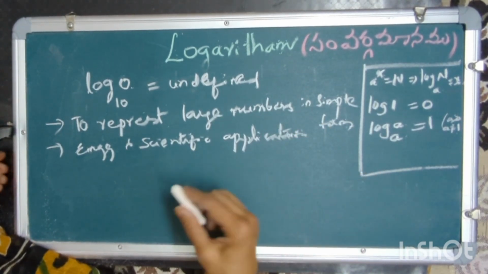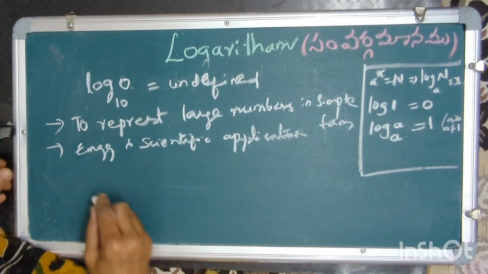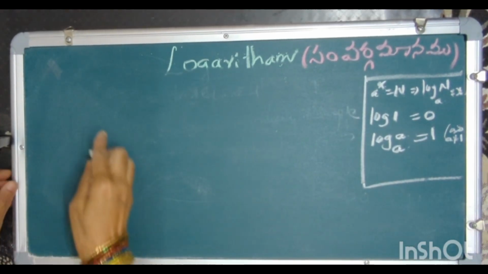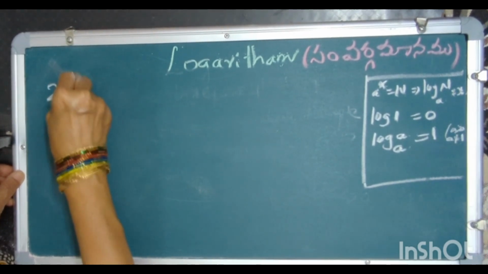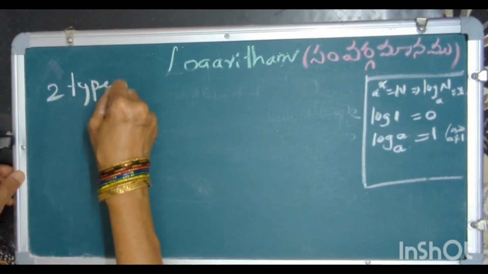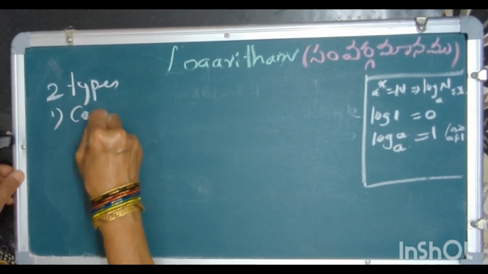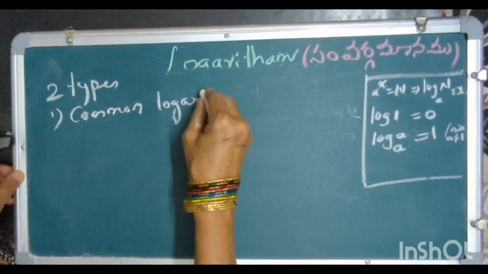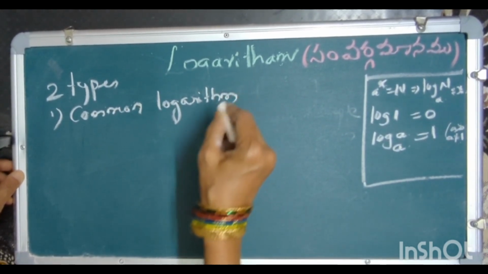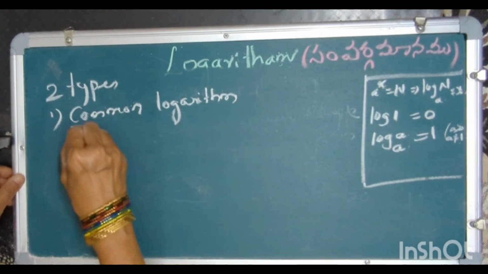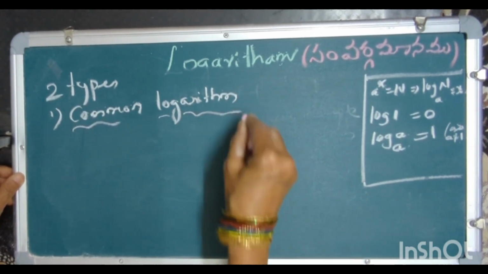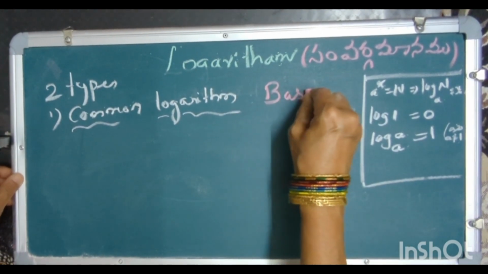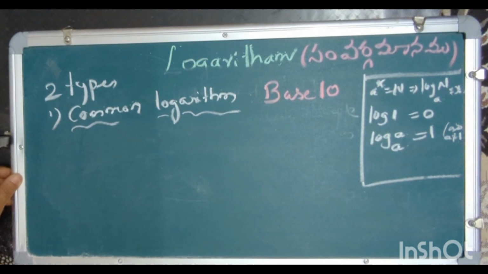Logarithms will be used in engineering and scientific applications. So logarithms are of two types. First, common logarithm. This is base 10. Common logarithms are base 10.